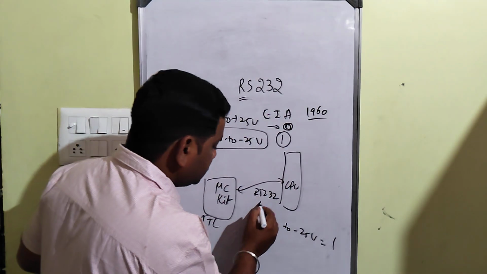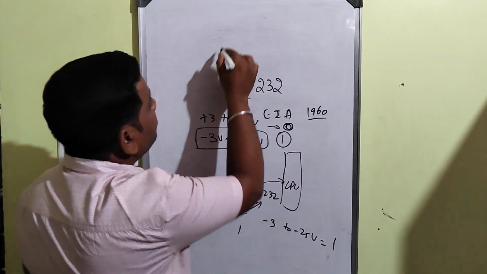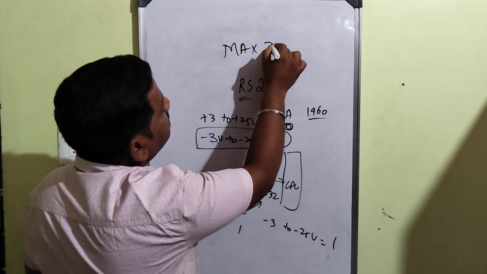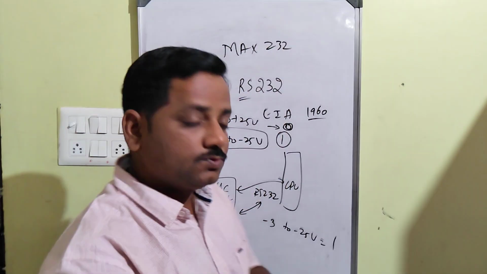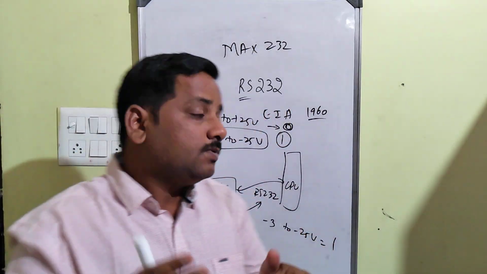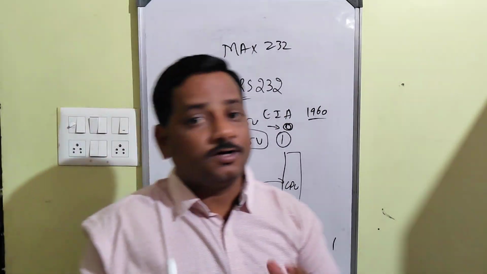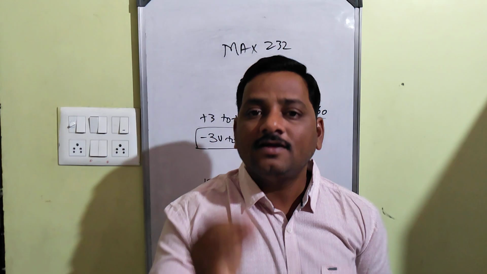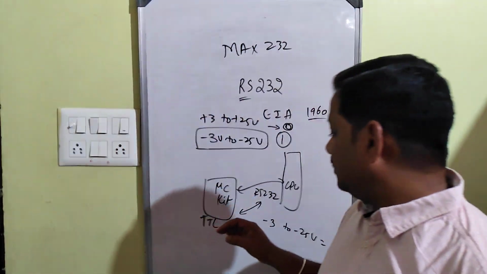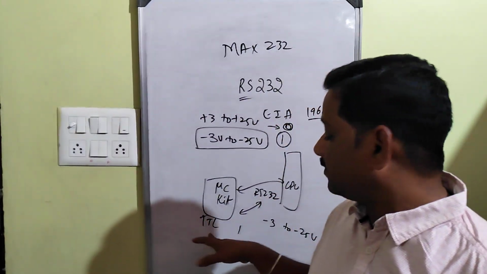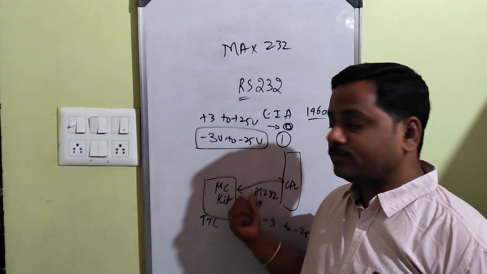To make these two compatible, we need to use MAX232. MAX232 is used to match the differences between RS-232 and a microcontroller kit. It is required because the newer version of the kit is made up of TTL logic, whereas RS-232 is an older version.